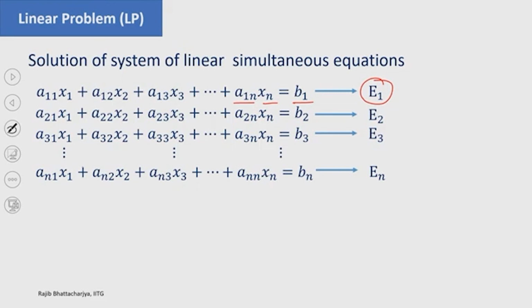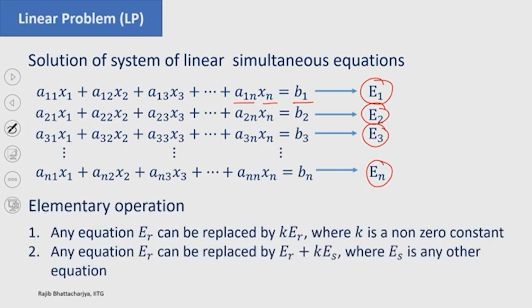Similarly, I have another equation E2, E3, and the total is n equations. So, in this particular problem we have n variables and n equations, that is, the number of variables is n and the number of equations is also n. Okay. So, I would like to find the values of x1, x2, x3. So, I would like to solve these linear equations.